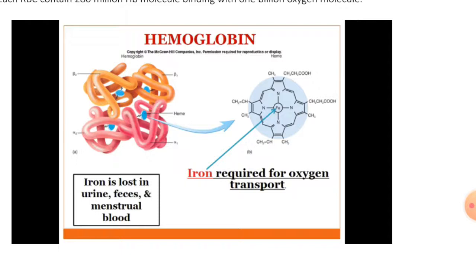Sometimes hematocrit drops in diseases like anemia, or sometimes it is higher than normal in some diseases like polycythemia, in which the red blood cell count is abnormally high.